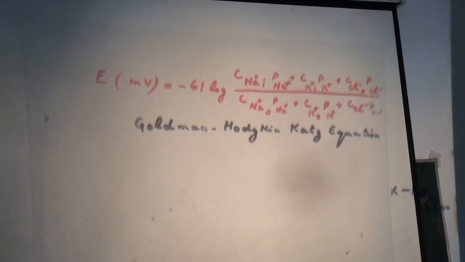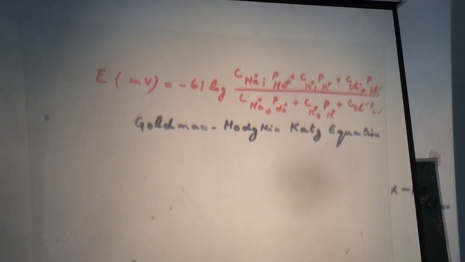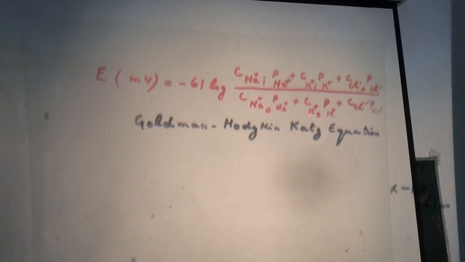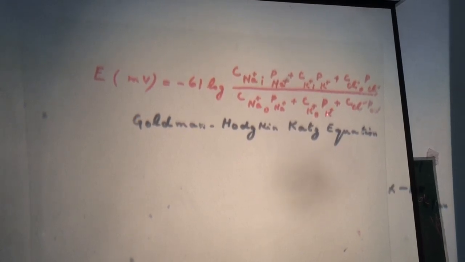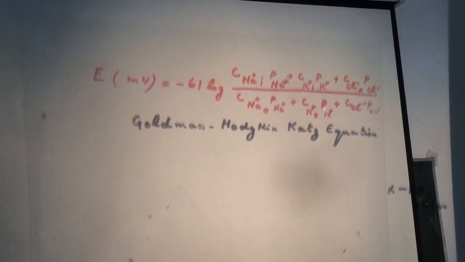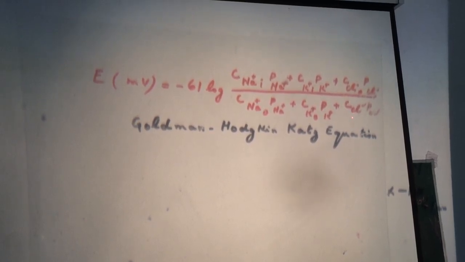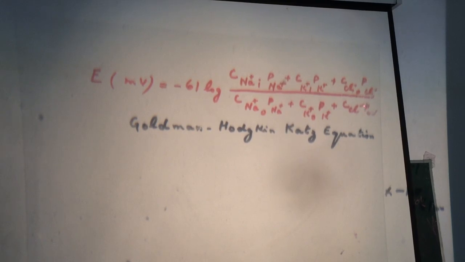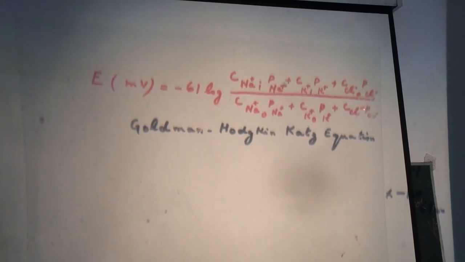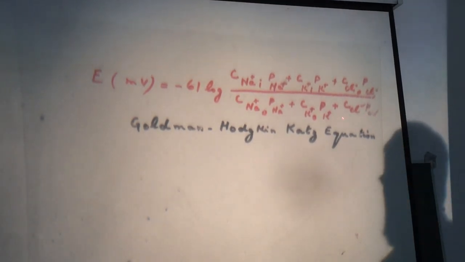Then over C sodium outside times P sodium, its permeability, plus C potassium outside times its permeability, plus chloride concentration inside times the permeability of chloride.